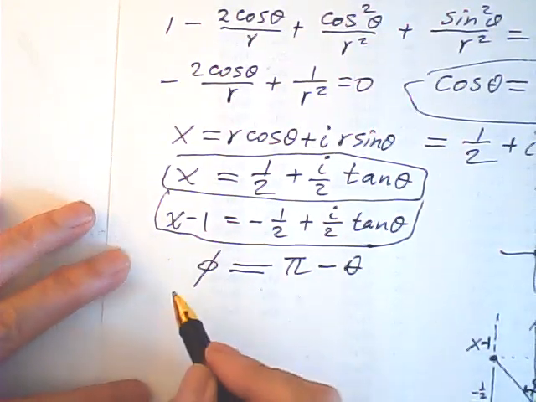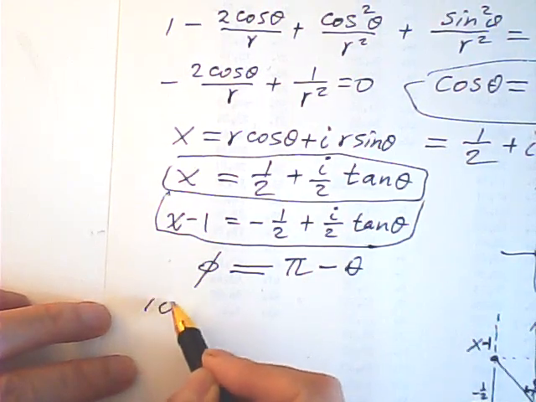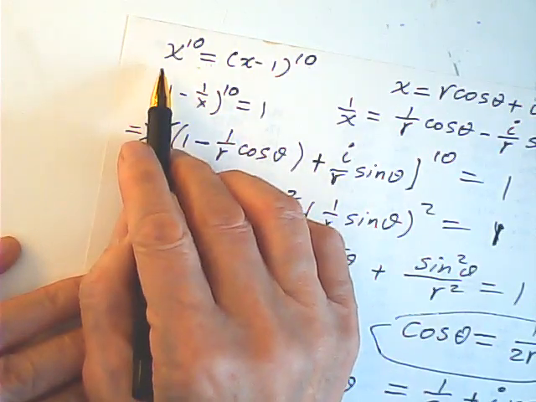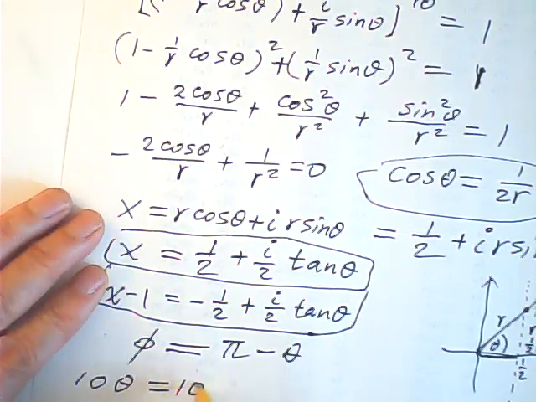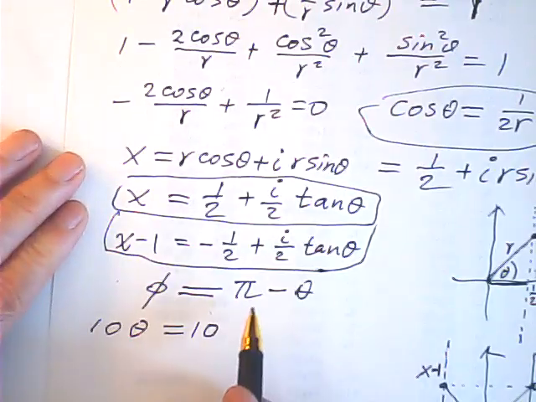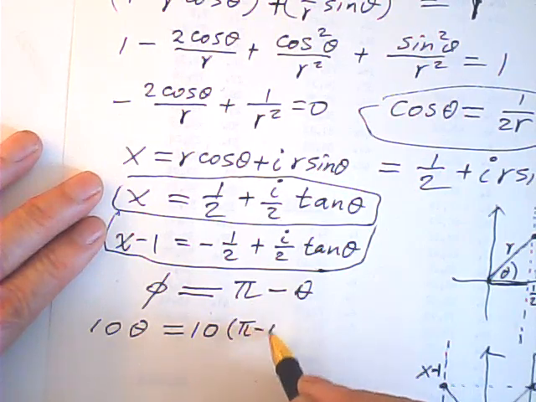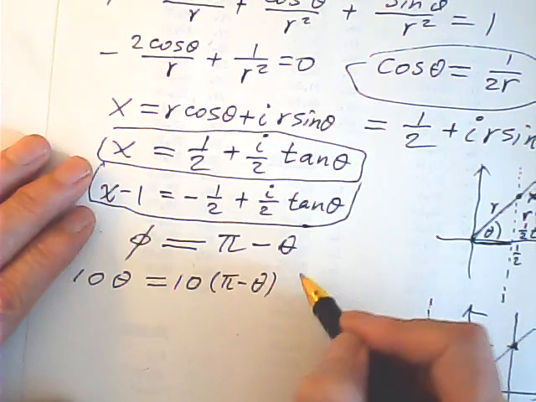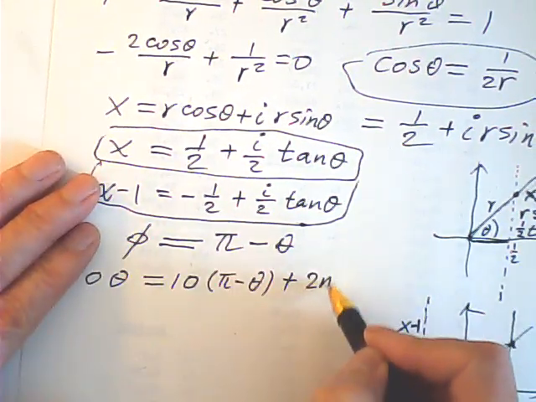And 10 times this argument, which is theta, is equal to 10 times this argument, which is that. And of course it could be plus or minus 2 pi n, right?